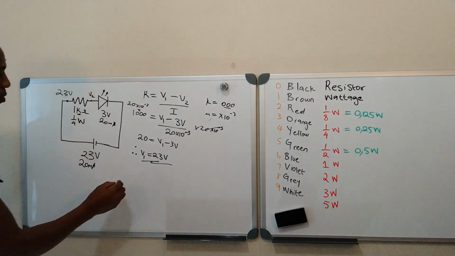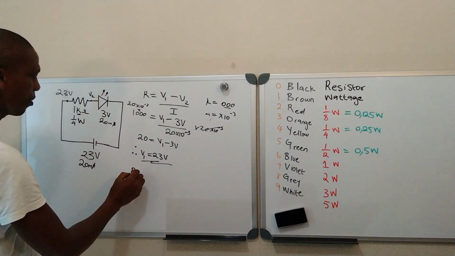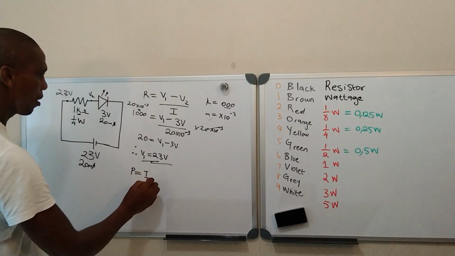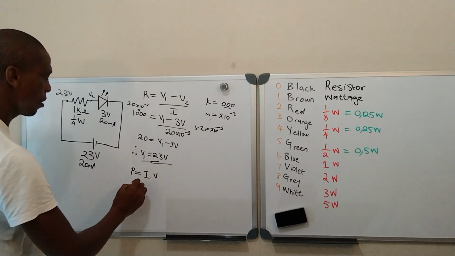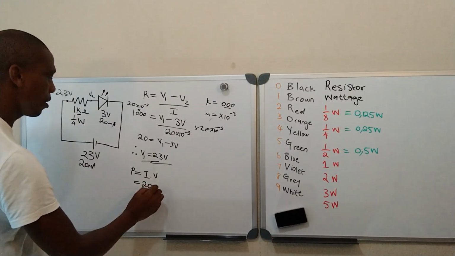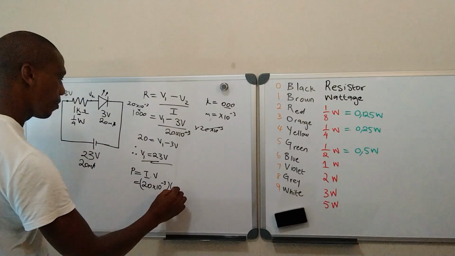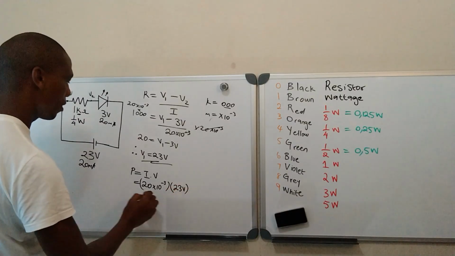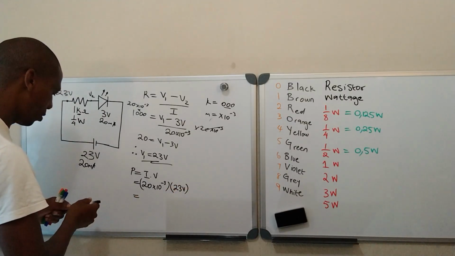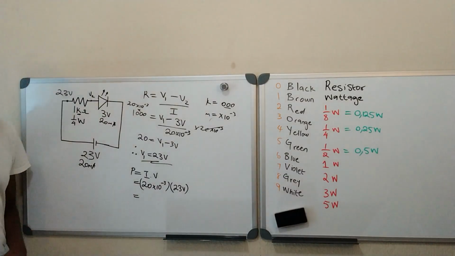So now we will say P is equal to current multiplied by voltage. Our current is 20 multiplied by 10 to the minus 3, multiplied by 23 volts. Let's work it out quickly.